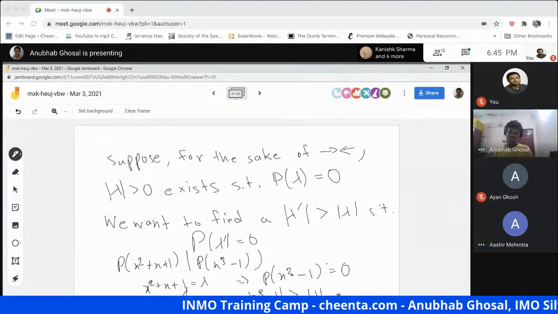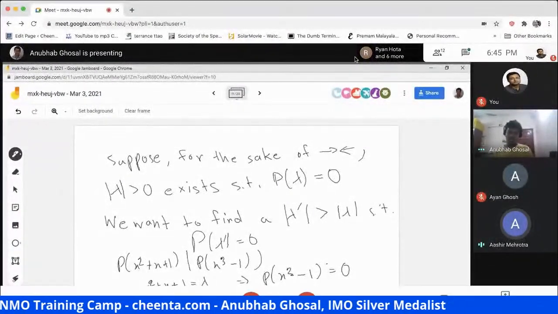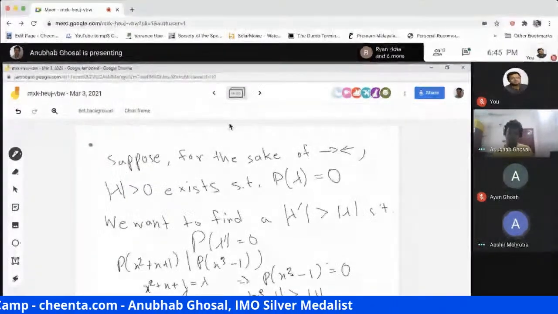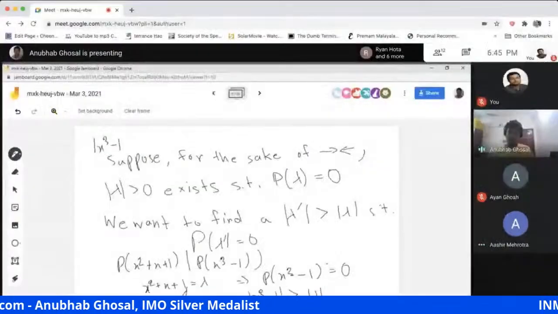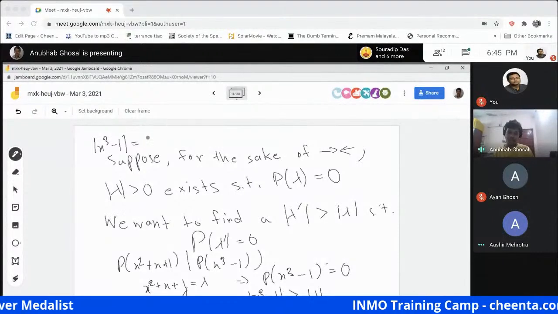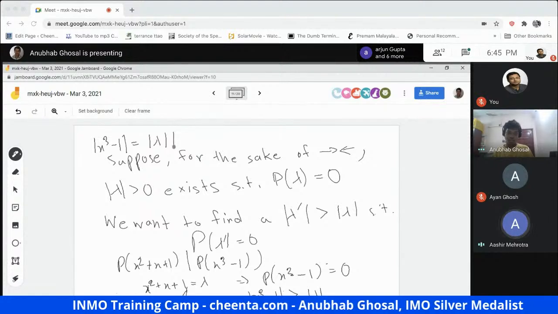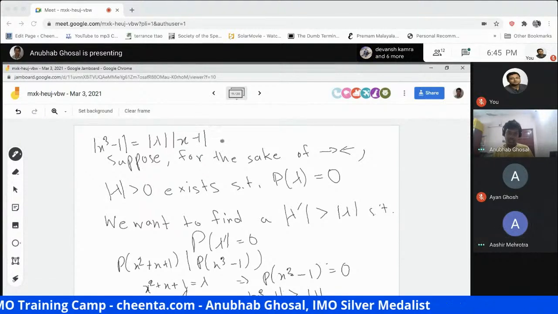Okay? So modulus of x cubed minus 1 equals modulus of x minus 1 times modulus of x squared plus x plus 1, which is modulus of lambda, times the modulus of x minus 1. Right?